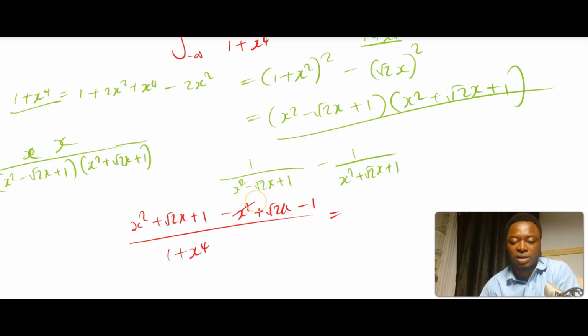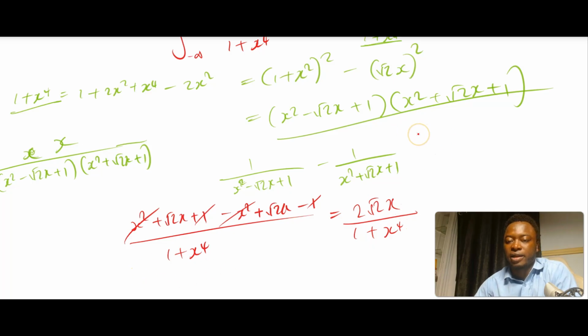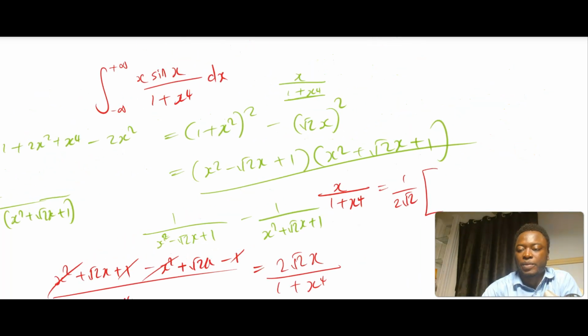So this cancels out, and you have 2 square root of 2x all divided by 1 plus x to the fourth. So basically this x divided by 1 plus x to the fourth that is part of our integral is 1 over 2 square root of 2 times everything.